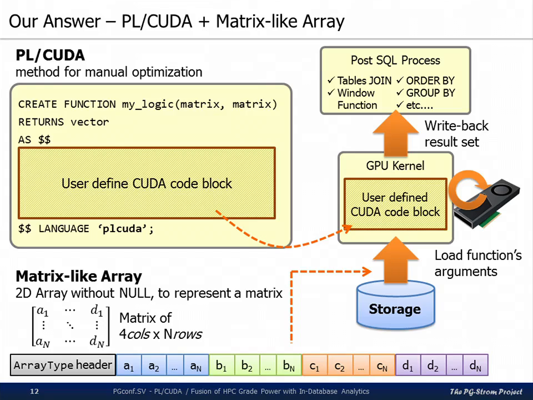PL/CUDA is a procedural language for PostgreSQL that allows describing a CUDA code block within a function definition. Once a CUDA code block is defined, it is put into the GPU kernel by the infrastructure, and this raw code block is executed on the GPU device.